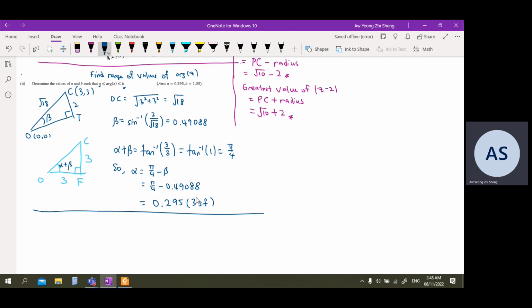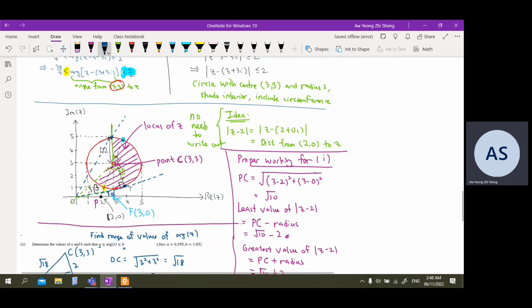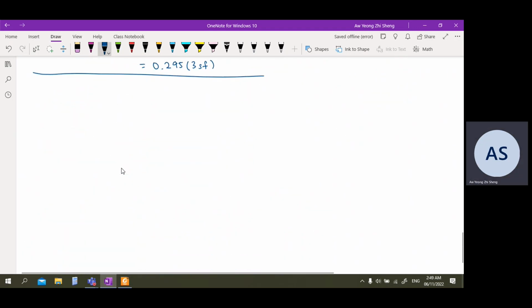Okay. I also want to find the maximum argument Z. So let me just call the point at the top as G. Okay, so this G has coordinates 3, 5. So I'll use the right angle triangle GOF.